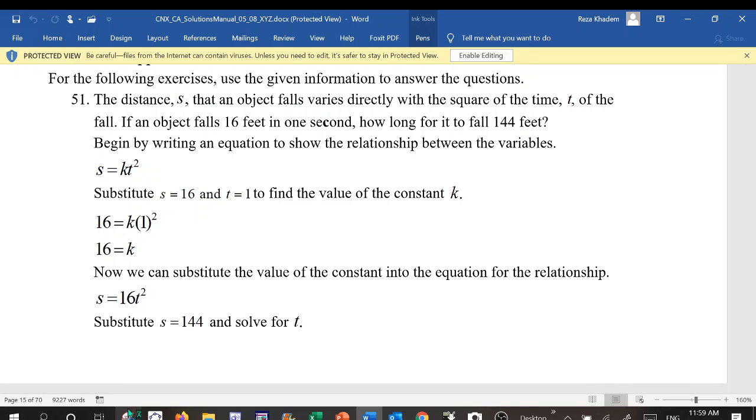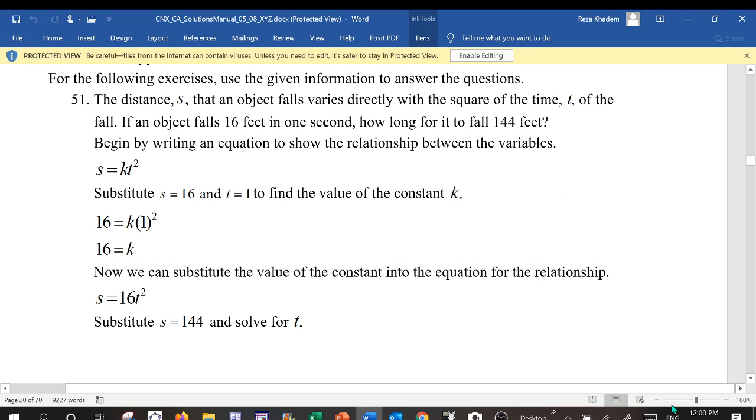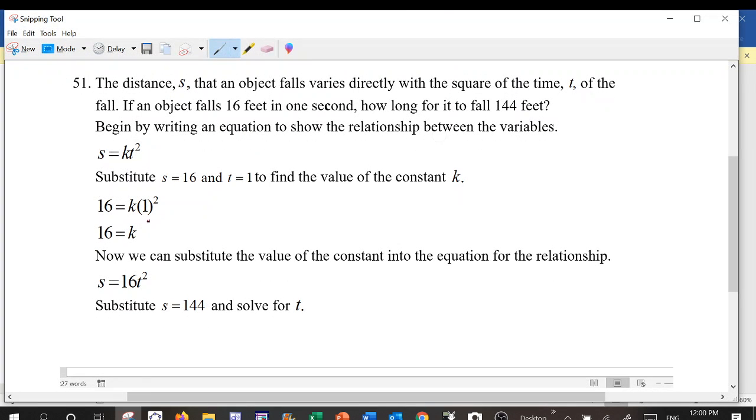So it says that the distance s that an object falls varies directly with the square of time of the fall. And this is something that Galileo actually discovered, and many others. So basically they dropped different objects from different heights, trying to figure out how long it takes them to fall certain distances, right?